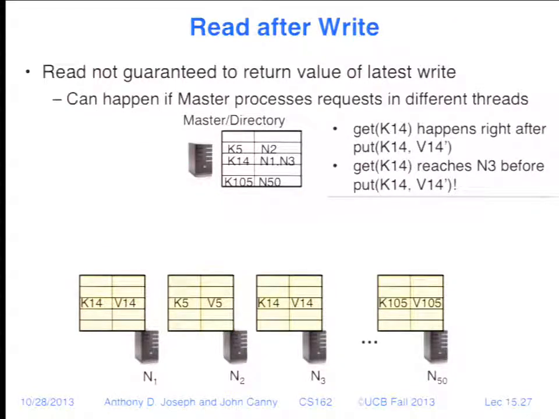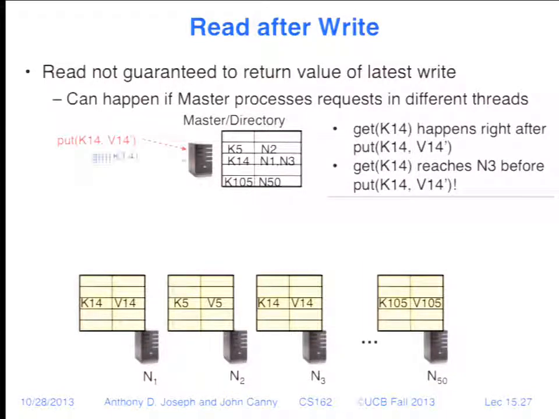In other words, we've seen so far that with a simple setup, with replication, we're not guaranteed to get back the last write. And our master directory, by using parallelism, trying to speed things up, actually created an ordering problem. If it had operated truly in a serial fashion, that would not have happened. It would have had to send out each request, wait for an acknowledgement, and that would have avoided the problem.